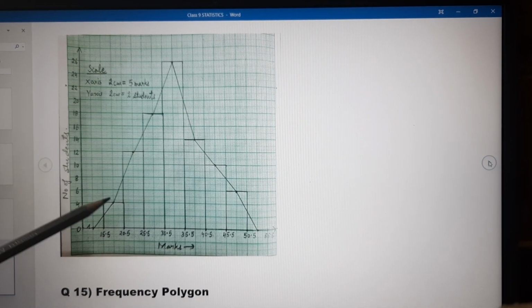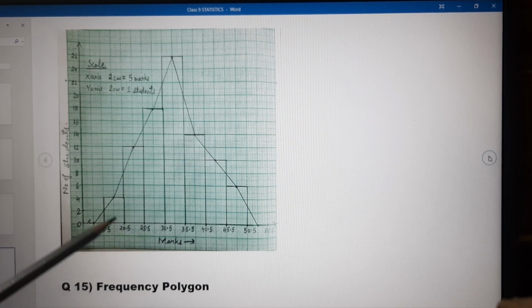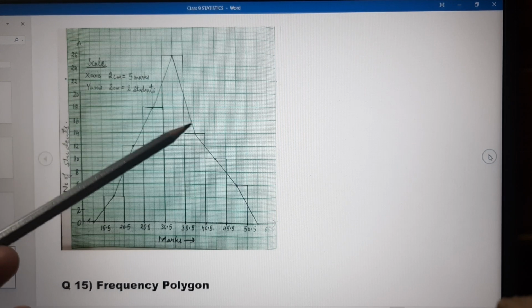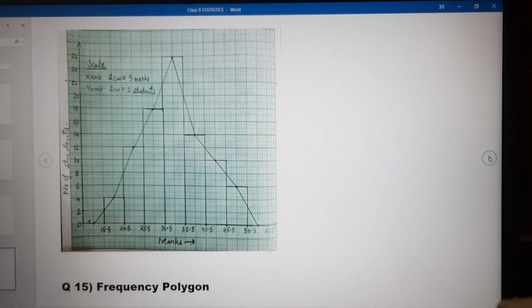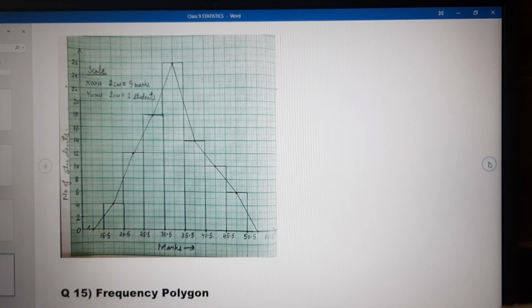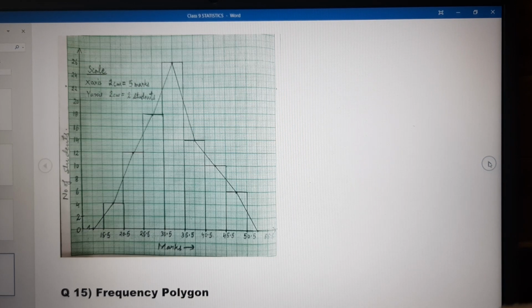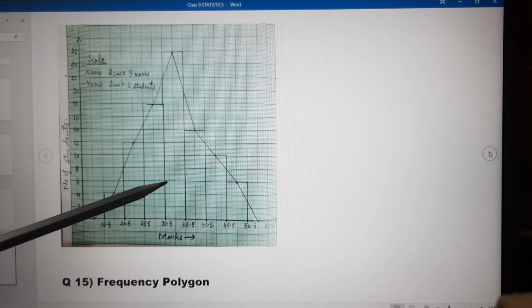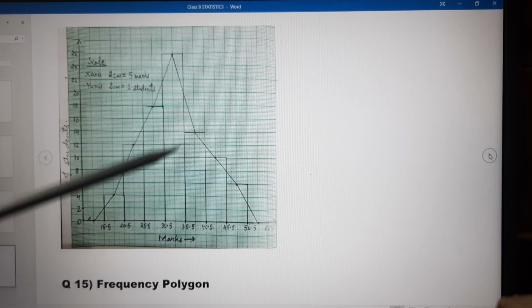Are you getting it? The midpoint of a class interval is the class mark. So the frequencies are plotted on the class mark. This is known as a combined histogram and frequency polygon.